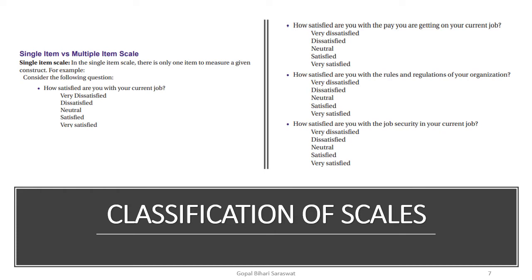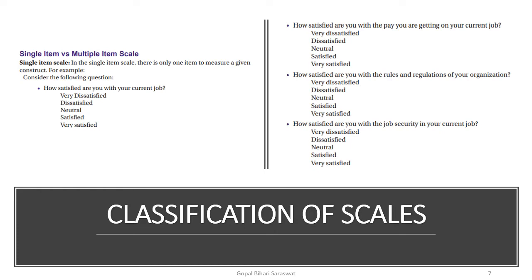It may be that a person is not satisfied with the job, but the comfort it provides is suitable for that person, and he is interested in the comfort rather than other kinds of perks. So a single item scale has a limitation: it does not disclose the full attitude of a person.